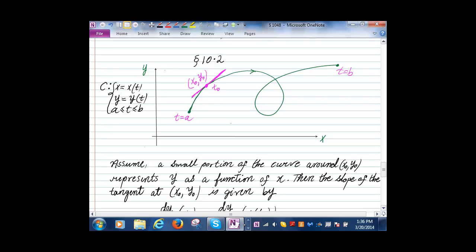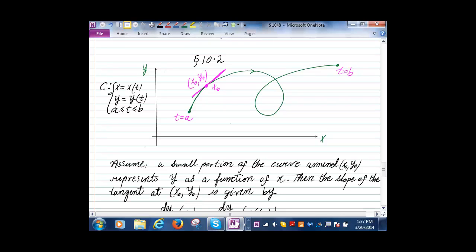So remember that we have been studying curves given parametrically, and why we are interested in curves is pretty obvious. For example, if you view the curve as the path of a moving object, then you're going to use a third parameter like a t, so you can express the position of the object in terms of the time parameter.